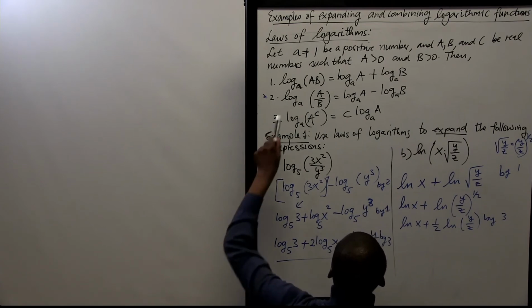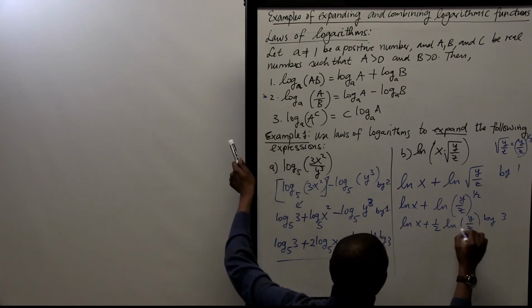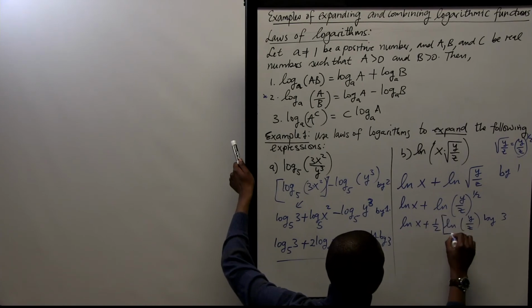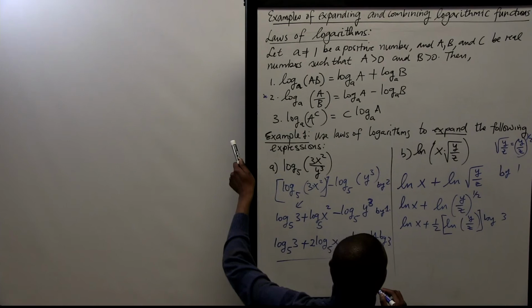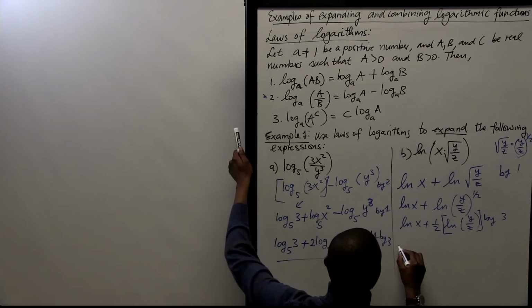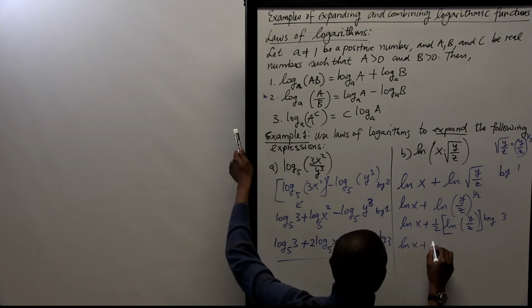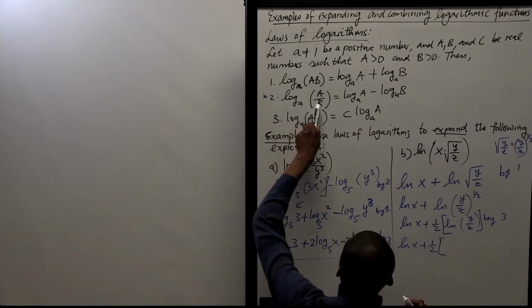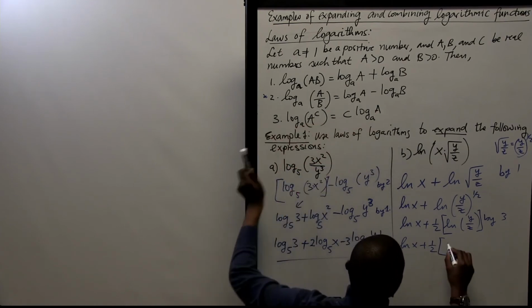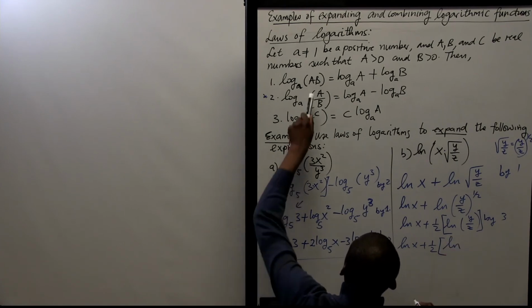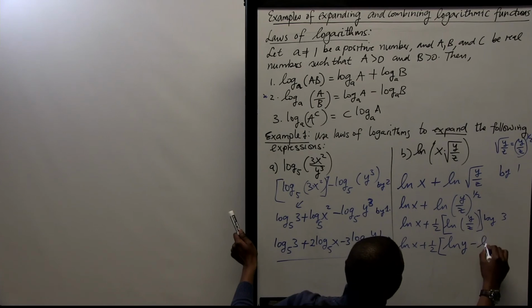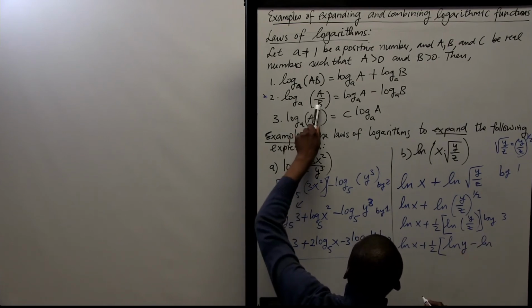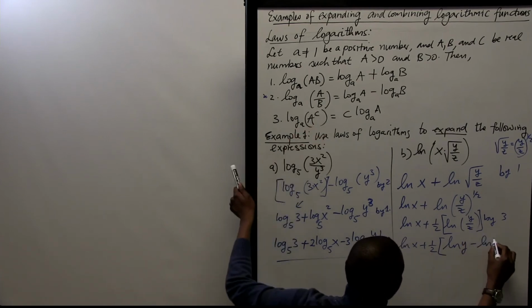Now we can apply property number 2 because we have a quotient, y over z. But notice this is 1/2 times this quotient, so we have to be careful when applying property number 2. Then this would be ln x plus 1/2 times the difference of the logs: ln of the numerator y minus ln of the denominator z.